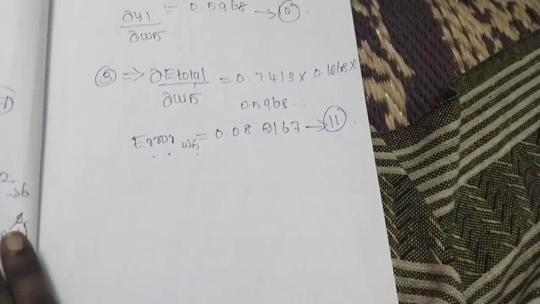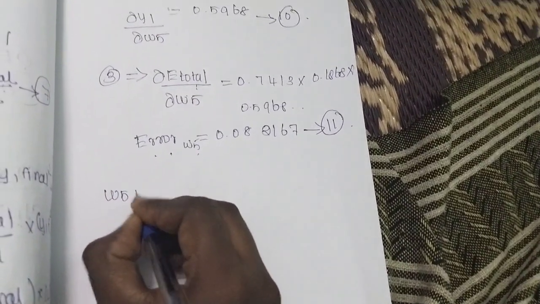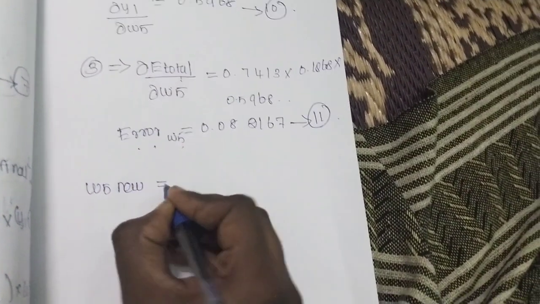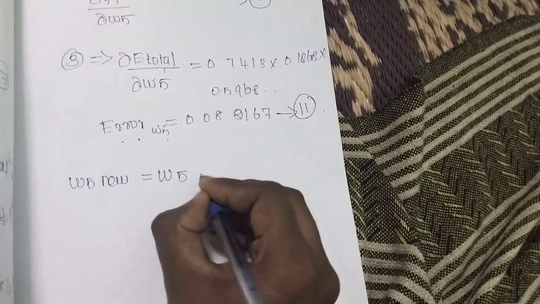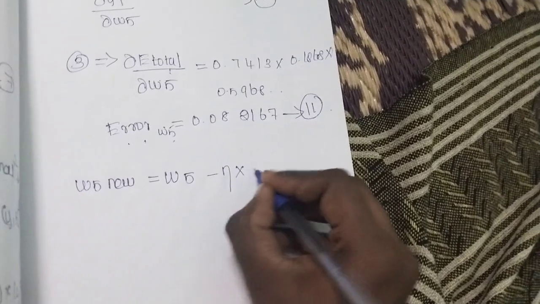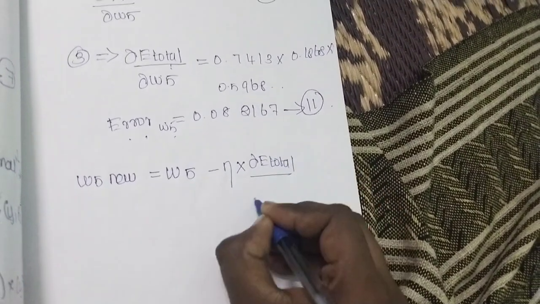Next, we update the weight for the neuron. I want to update the W5 weight, which I represent as W5 new. The formula is W5 minus eta into dou E total by dou W5.